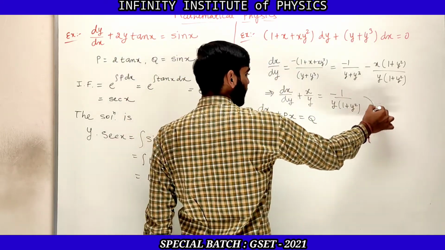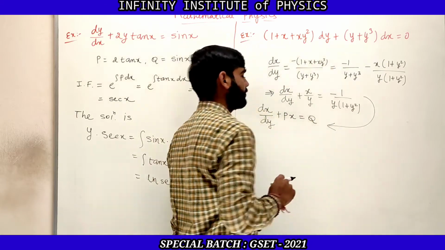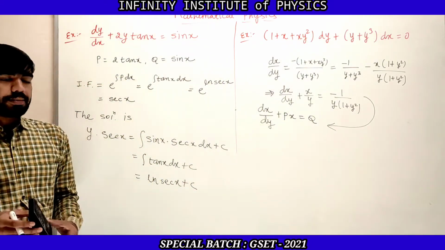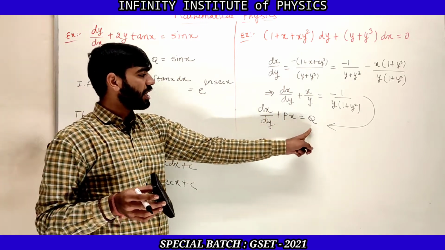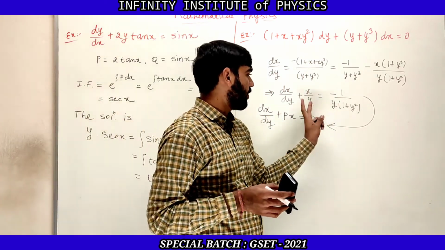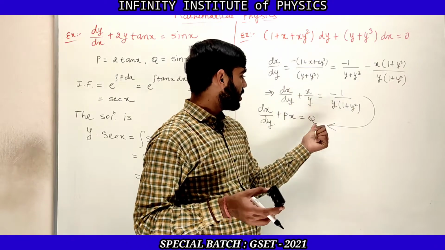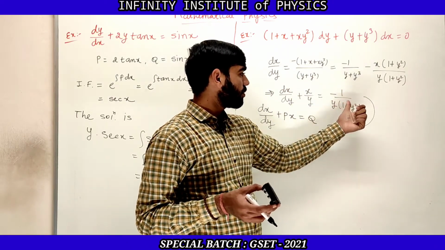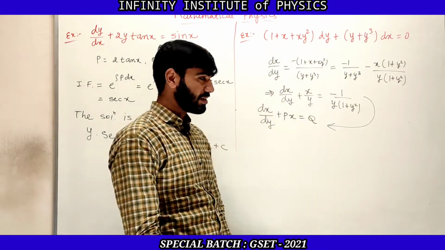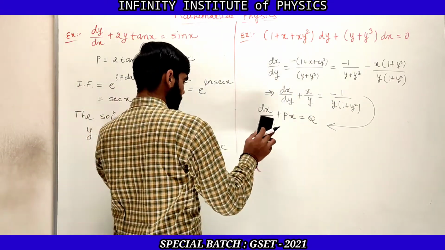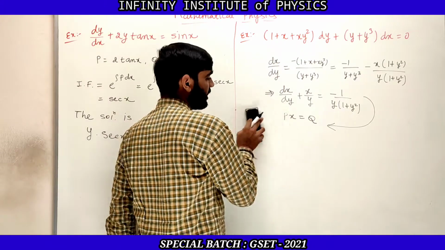You can see that in this form, dx by dy plus px is equal to q, where p and q both are functions of y only. P is equal to 1 by y and q is equal to minus 1 upon y into 1 plus y square. So this is linear in x.